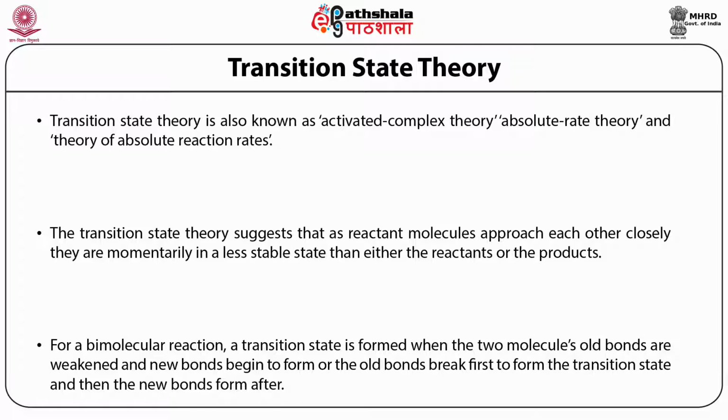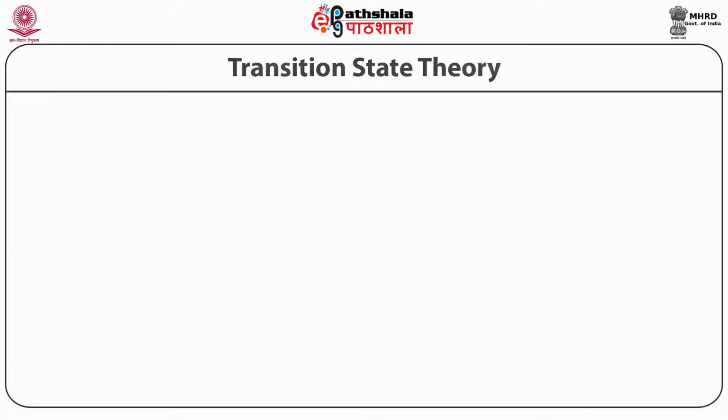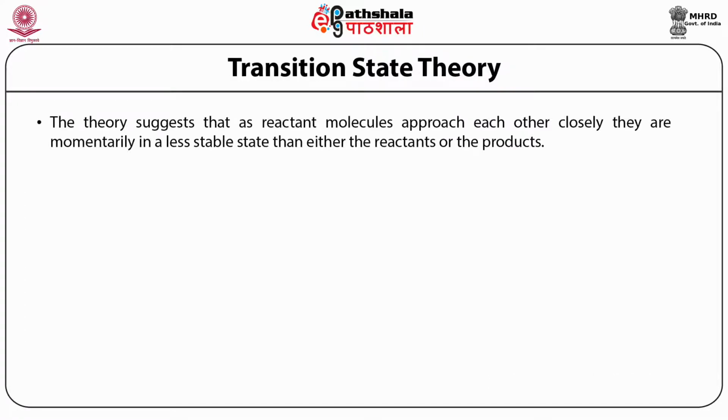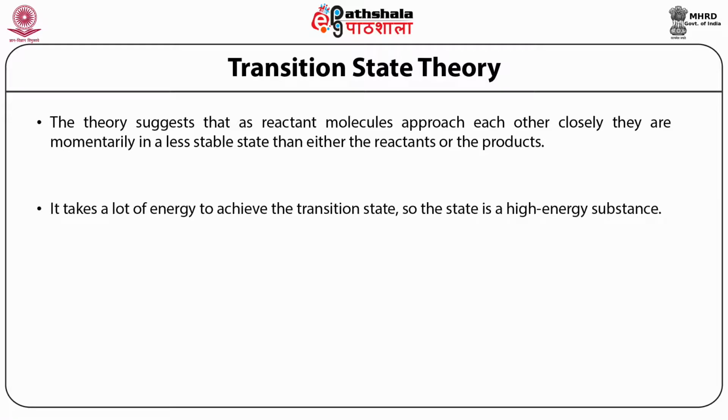It leads to a different type of binding pattern in the substrate, and that leads to the transition state. The theory suggests that reactant molecules approach each other so closely that a transition state is formed which has the highest energy.